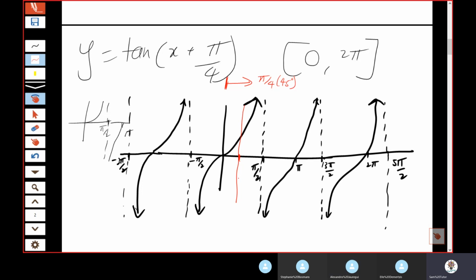Do you agree? Yeah. So that becomes what? 0. That becomes a 0. Instead of moving this whole graph to the left, I just move my axis to the right. That becomes my 0. And then, of course, what number does this become now?